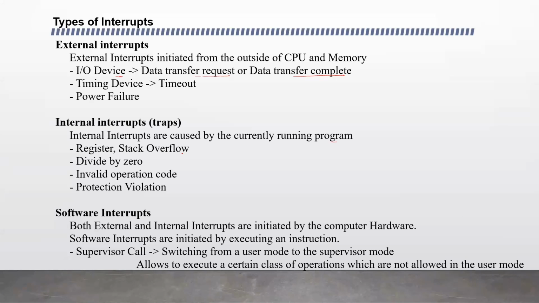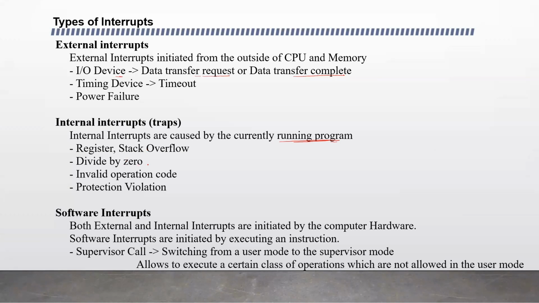If the stack is empty and the user is trying to remove data from the stack, that is underflow, and an error message has to be given. That kind of interrupt that occurs during the execution of a program we call an internal interrupt. It is not initiated by the external units. It is initiated by the currently running program.